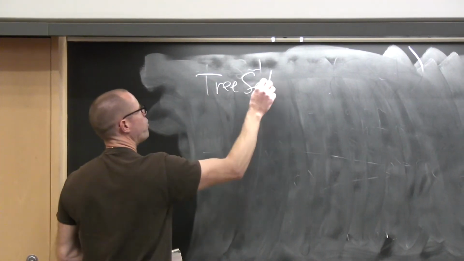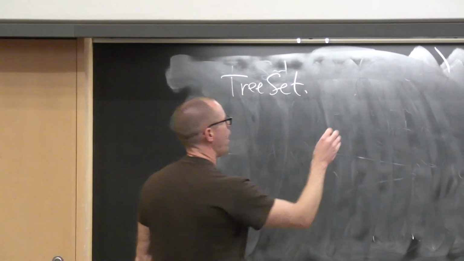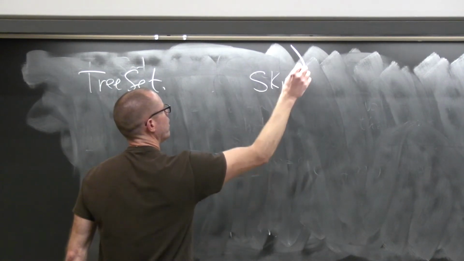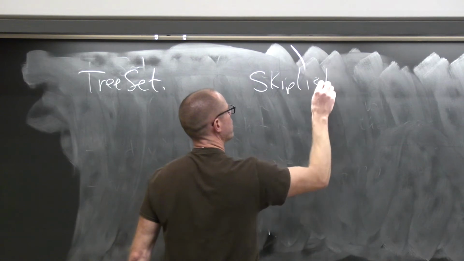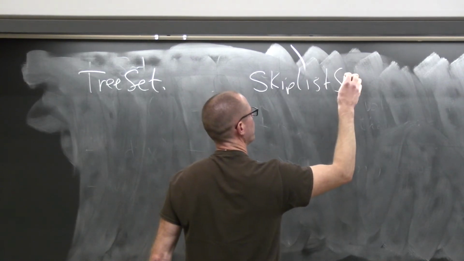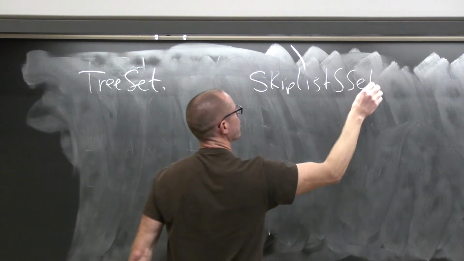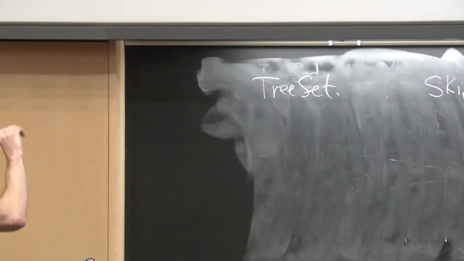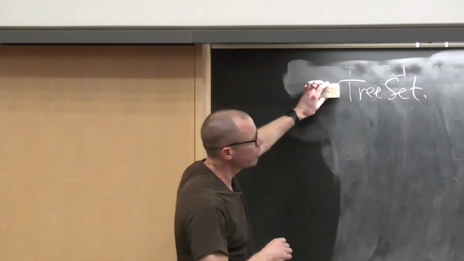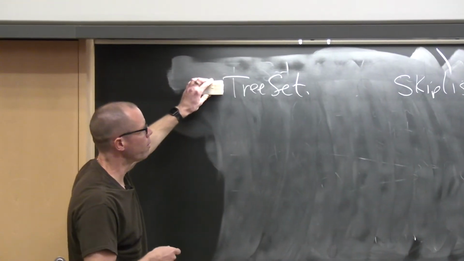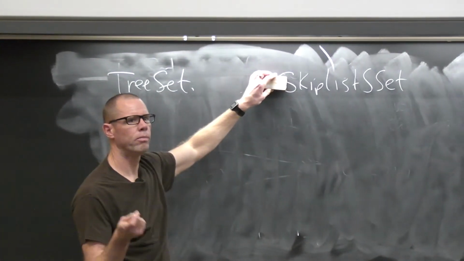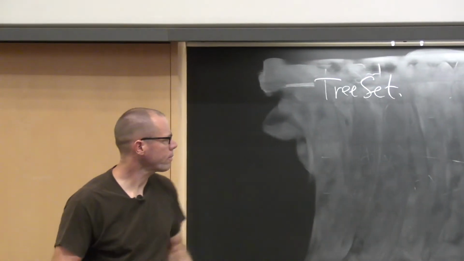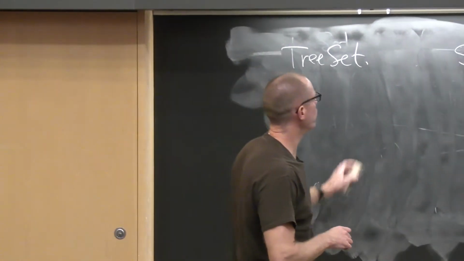Look at the code for tree set in the Java collections framework versus skip lists, I think it's called SSet in the book. Or look at the source code that accompanies the book. This thing is a nightmare, really complicated, and we'll learn it's because it's using a red-black tree. And this is super simple. Each function, add, remove, find, is just a few lines of code. Okay. All right, so that's one thing you can do.